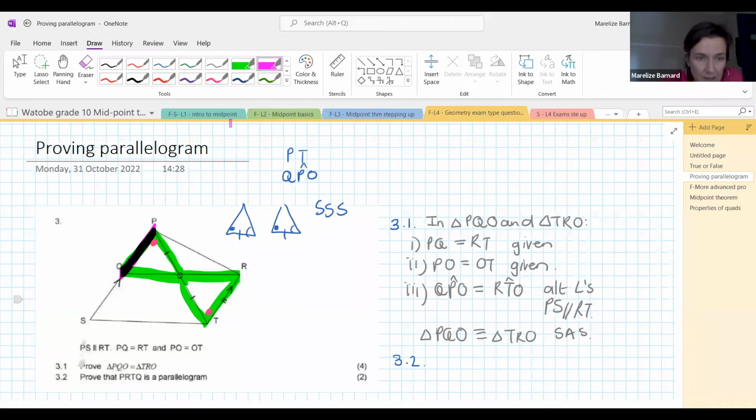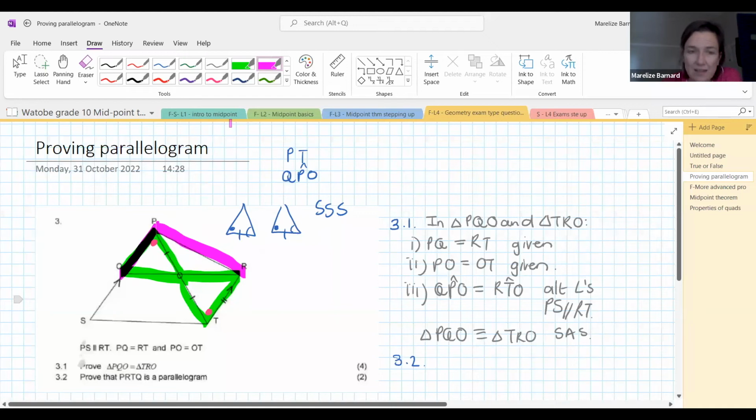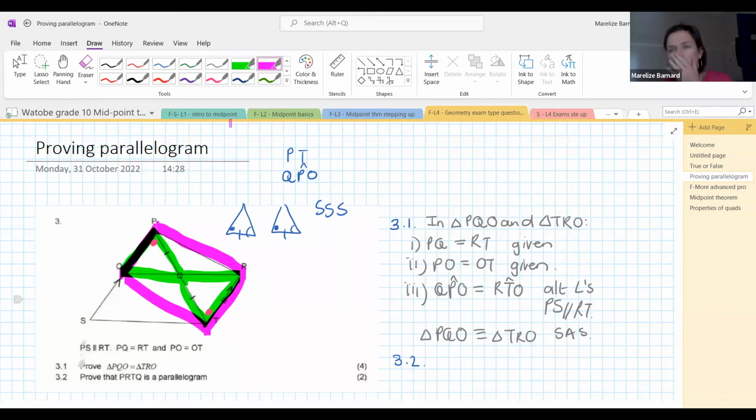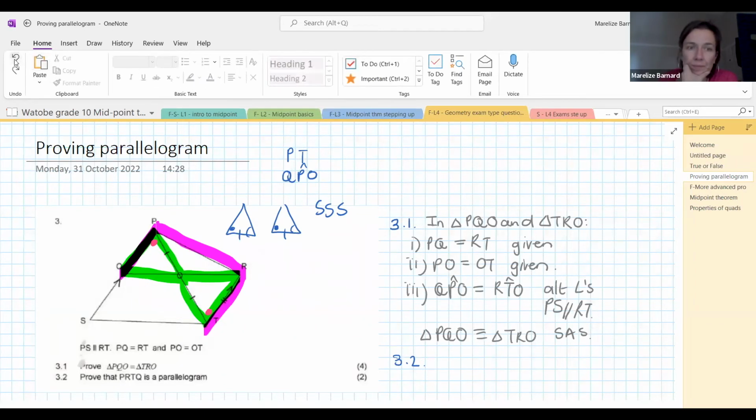So it's PR, TQ. Yes, Nkateko. You can unmute. Ma'am, I said that QP is parallel to PT, which makes it a parallelogram.